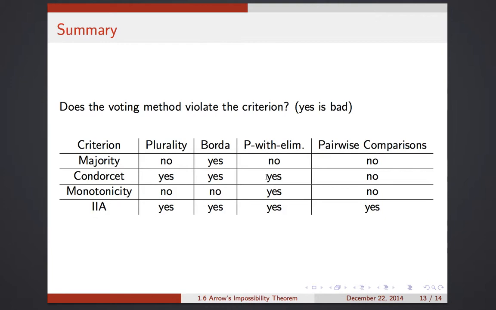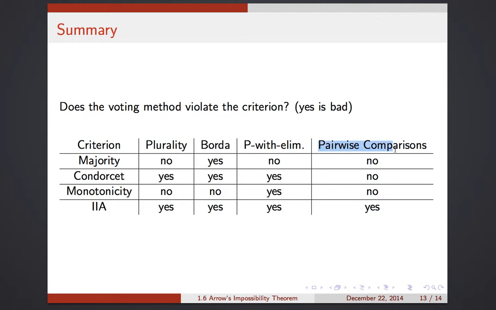It can violate Condorcet, it violates monotonicity, and it violates IIA, irrelevant alternatives. So you can find examples in which Condorcet candidates lose. You can find examples in which you can hurt somebody by ranking them higher. We did an example like that at the beginning. And you can find examples in which a winner is hurt by a loser dropping out.